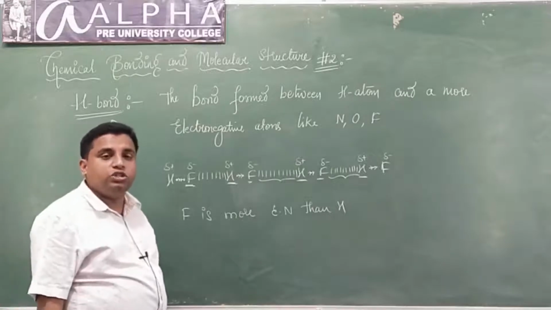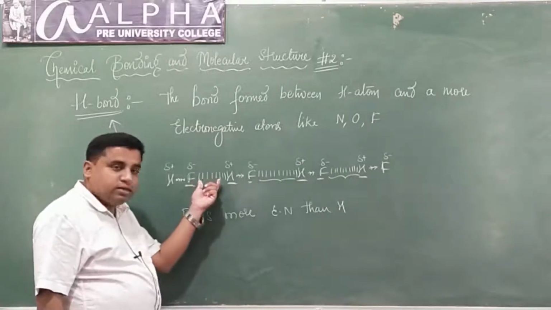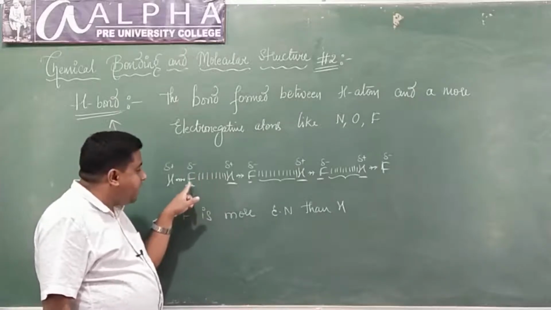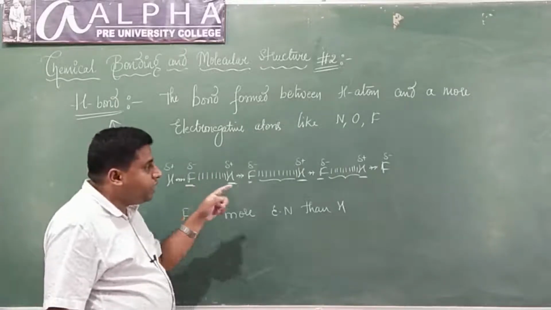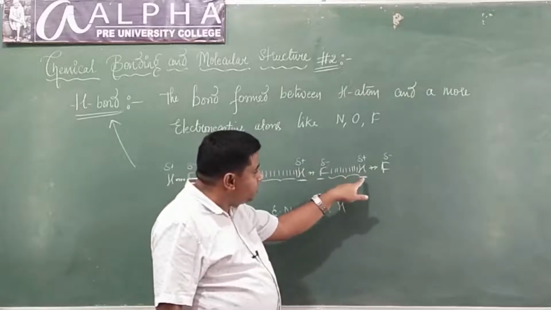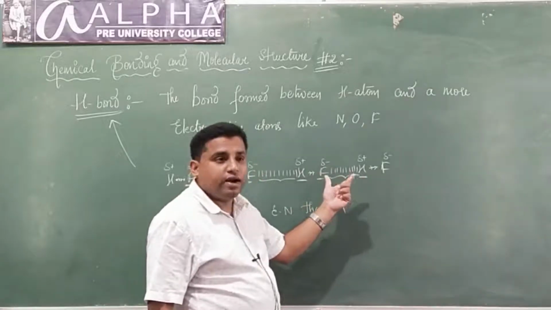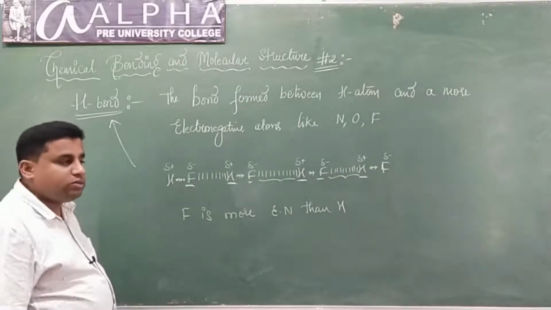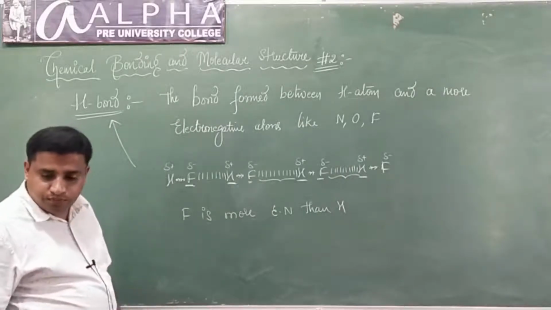Hydrogen bond. It's a bond formed between a hydrogen atom and a highly electronegative atom. This bond is called hydrogen bond. I can give you one more example.